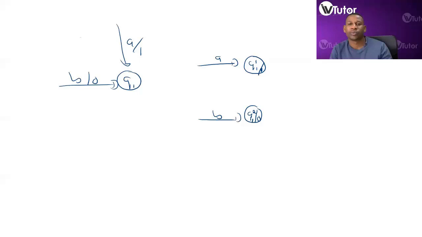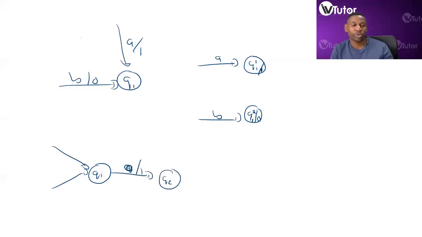Now, let's look at another variation. If we've got these 2 coming in, Q1, and then A, say, for example, 1, and they all go to Q2. So A1, B1, like that.